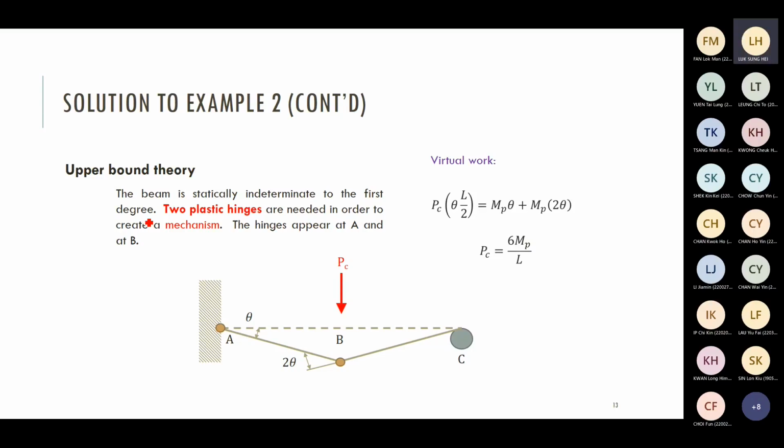Or you may add hinges continuously until you see some unstable mechanism. One hinge formed at point A, the other hinge formed at point B. This is our collapse pattern, collapse mechanism. Based on this collapse mechanism, you can find out the external work, find out the internal work, and then equate the two things together. External work.